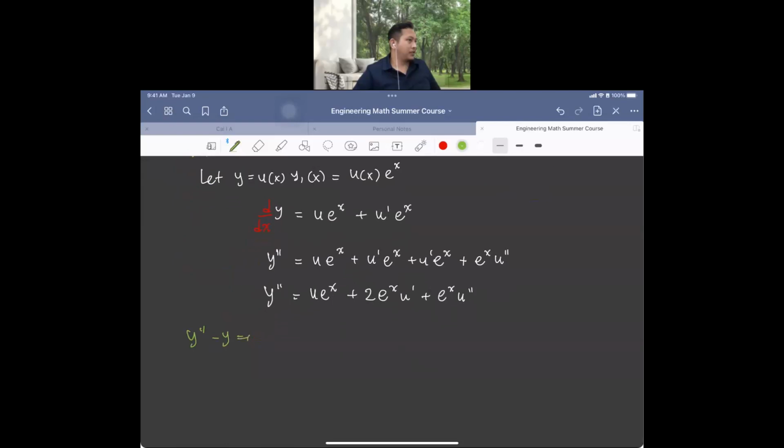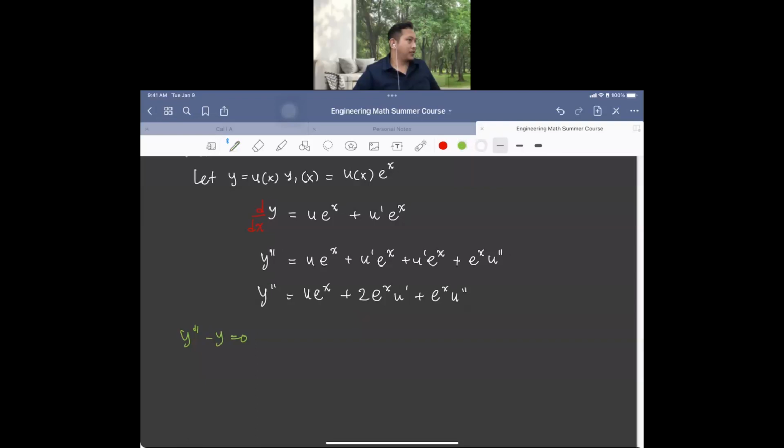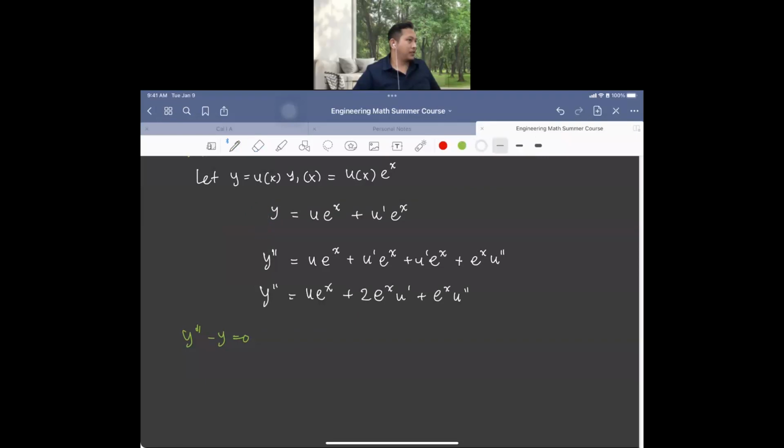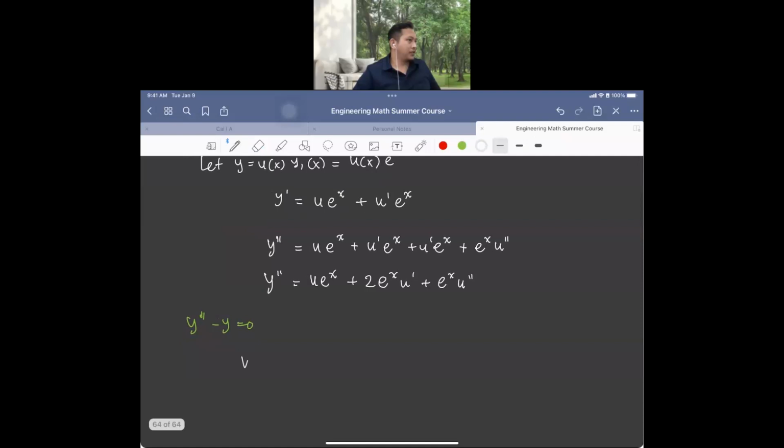The DE is y double prime minus y equal to 0. So, let me write this with y prime to make it easy to follow.